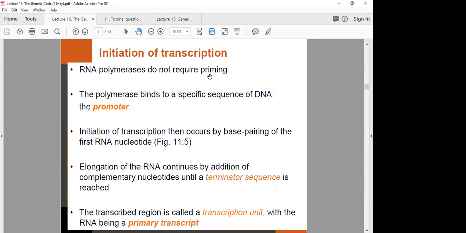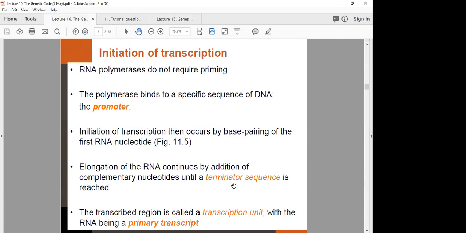RNA polymerases do not require priming. The polymerase will bind to a specific sequence of DNA, which is called the promoter. I'll come back to that. Initiation of transcription then occurs by base pairing of the first RNA nucleotide. Elongation of the RNA continues by addition of complementary RNA nucleotides until a specific sequence in that DNA is reached.